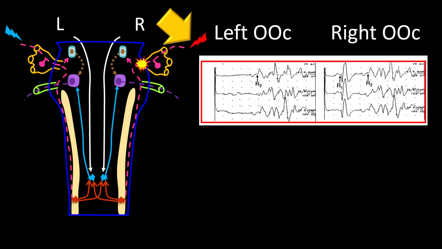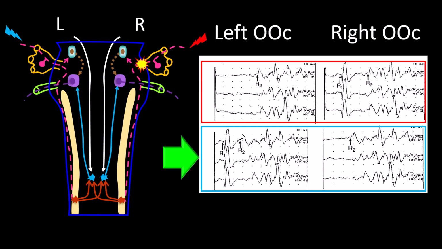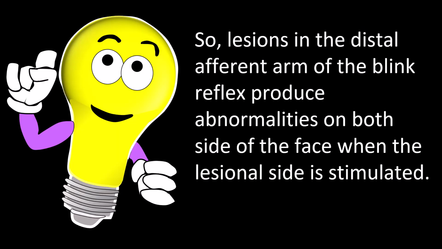Lesions producing current slowing will generate upon right supraorbital nerve stimulation a delayed R1, R2 ipsilateral, and R2 contralateral. Left blink study will be normal. So lesions in the distal afferent arm of the blink reflex produce abnormalities on both sides of the face when the lesional side is stimulated.